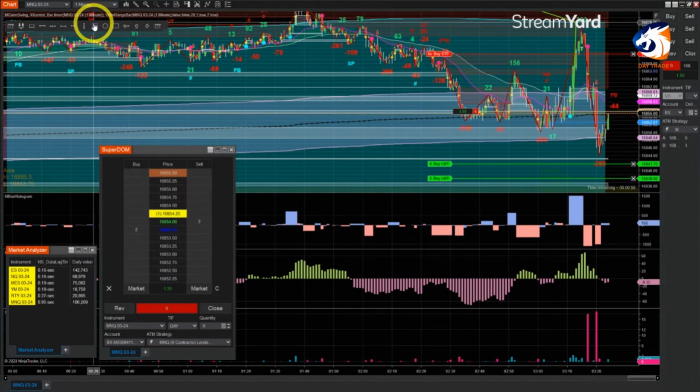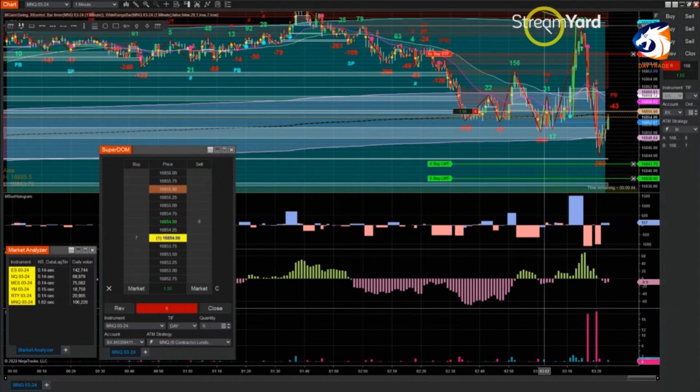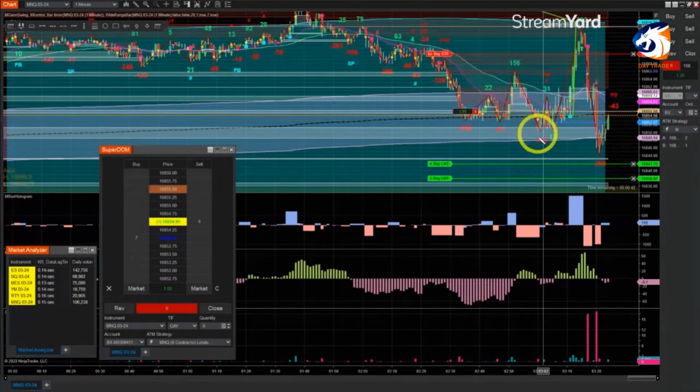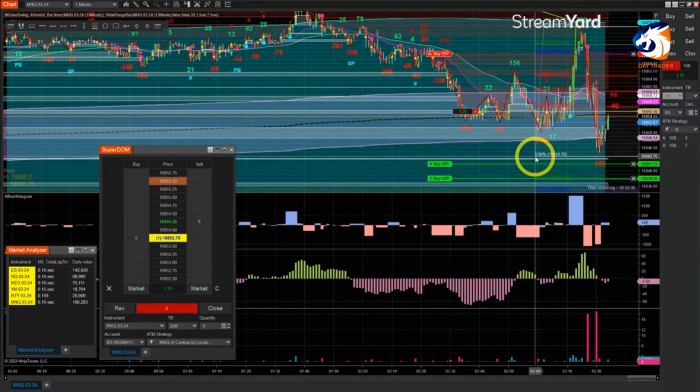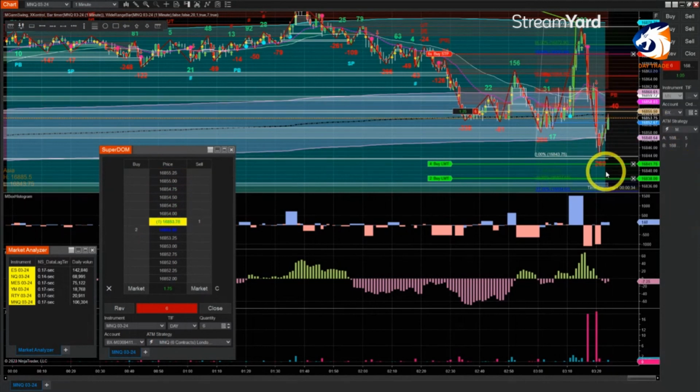So let's plot this fib again, but this time to the downside. So here's the retracement. They're on this zone right here, close to the VWAP.